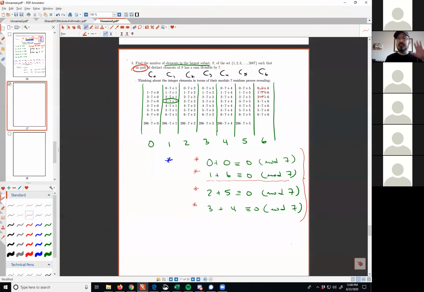Would you rather pick numbers from column 6 or from column 1? 1. How come? What's the difference between column 6 and column 1?